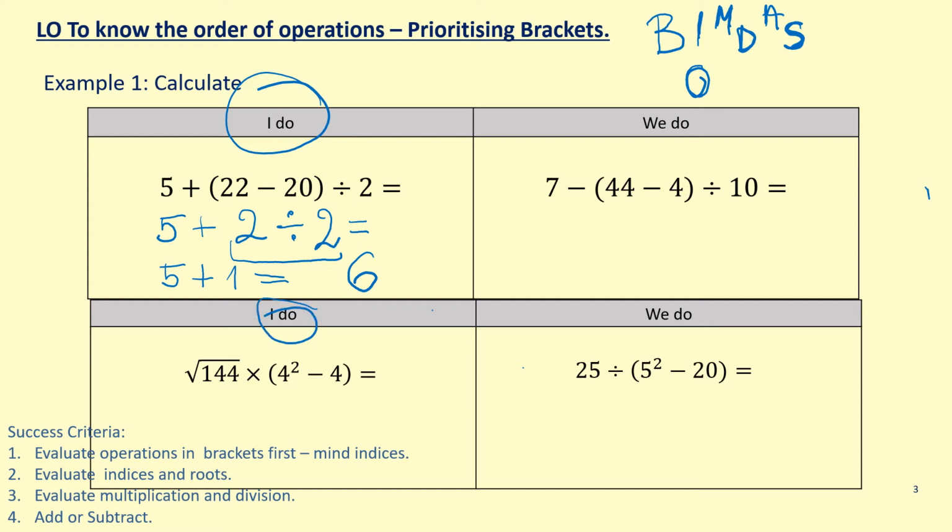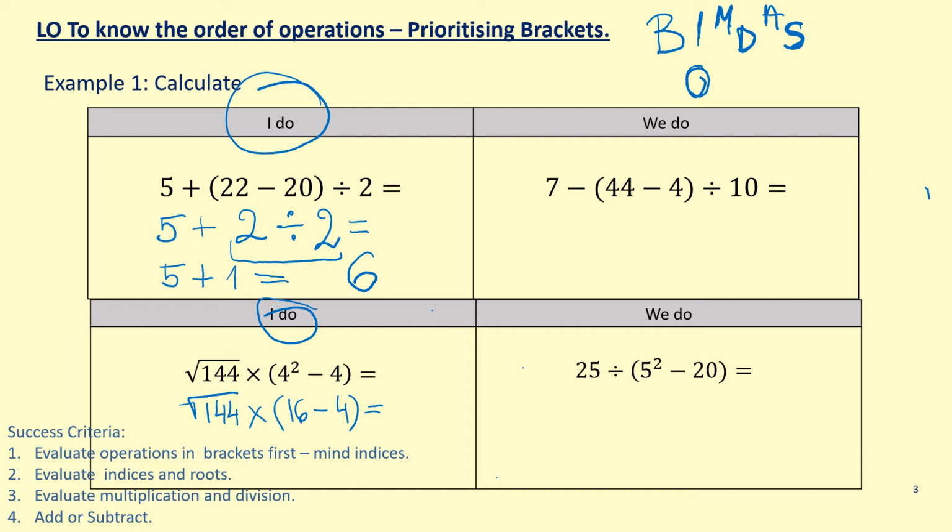Okay, let's do one more example. In here I would do things in the brackets first, but I've got 4 squared in the brackets. 4 squared, take away 4. Well, I know that 4 squared is 16. So in here I've got square root of 144 times 16 minus 4. I have to do whatever is in the bracket first. So 16 minus 4 is 12.